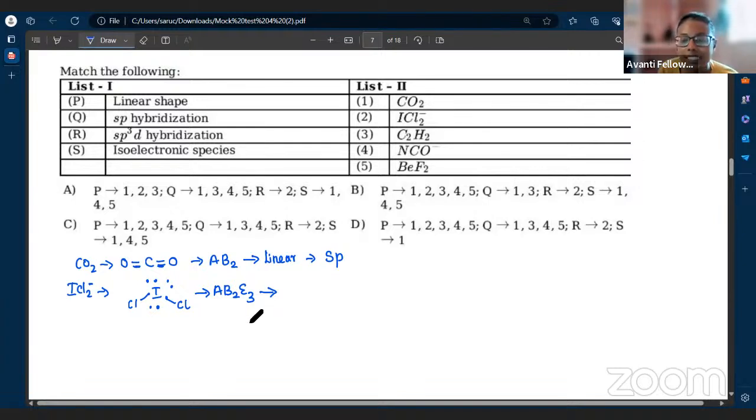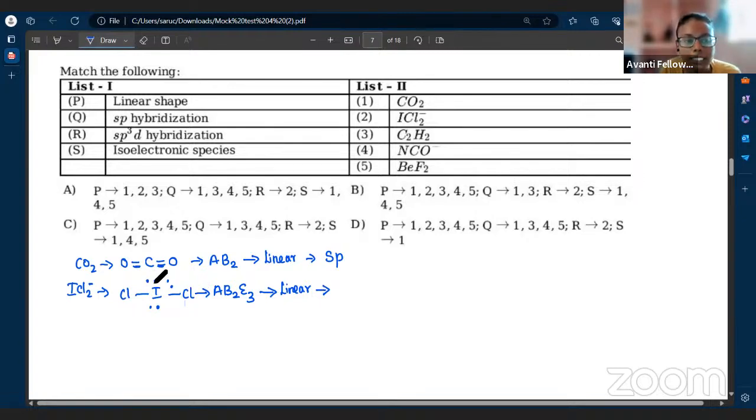Just go through the VSEPR theory. What is the geometry of AB2E3 type? It is also going to be linear only. So I'll draw the molecule linear, Cl-I-Cl.